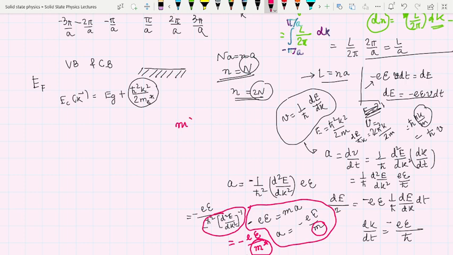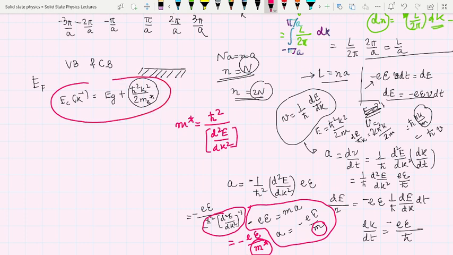This is known as the effective mass of the electron and is defined as ħ square upon d²E/dk². So the conduction band energy can be given by E_c(k) = E_g + ħ²k²/2m*.